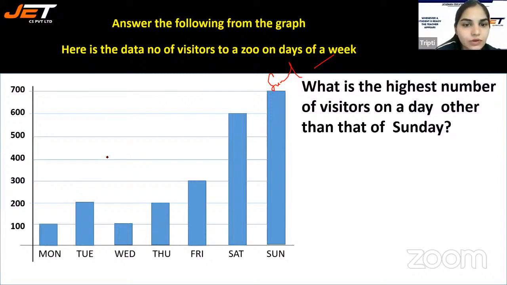Okay, so here we have Saturday. If we don't take Sunday, it's Saturday. The highest number of visitors on a day other than Sunday is Saturday, because here we have 700 and here we have 600.